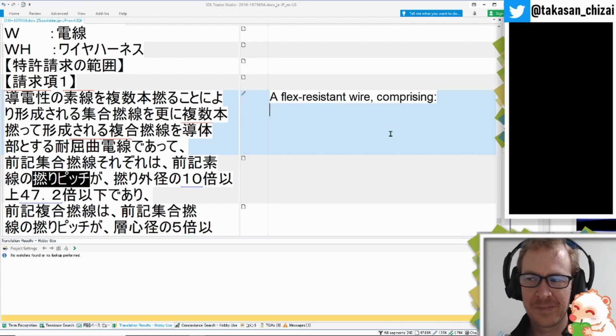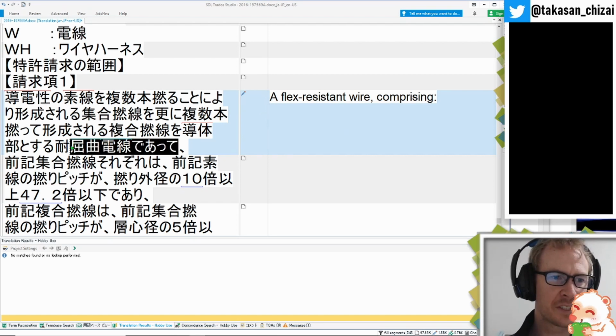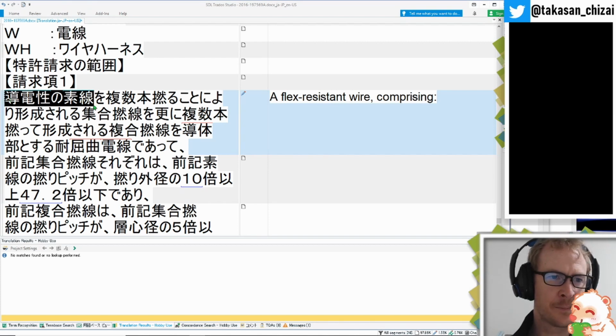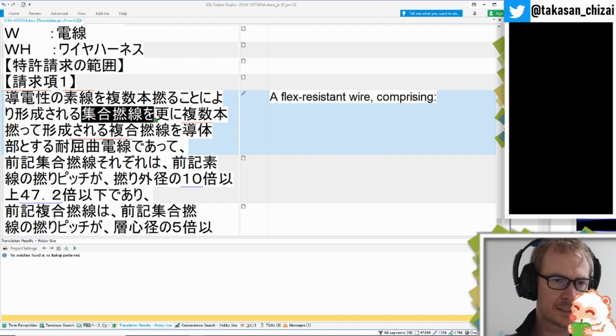There we go. All right, let's start picking up the pieces. So we want to find the elements, and we've got a wire, and there's a polarity of them, and a big bunch of these wires is formed together as this stranded wire.